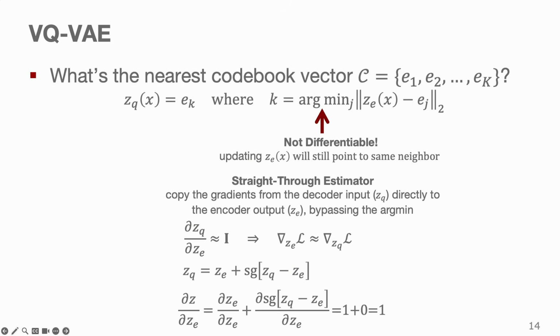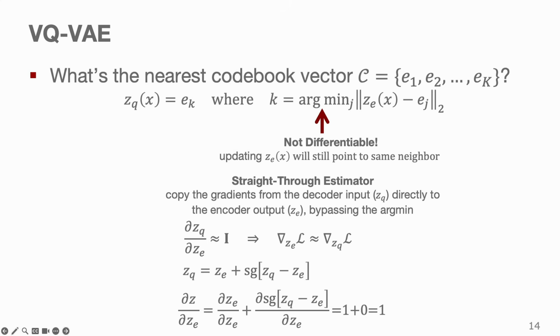But again, this is not per se a differentiable operation. So concretely, this means if we nudge our latent Z a bit to the left or right, then in principle, the closest neighbor will still be the same. Because argmin is a piecewise constant function, it means effectively the gradient is 0 almost everywhere.